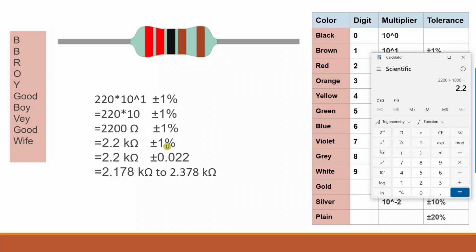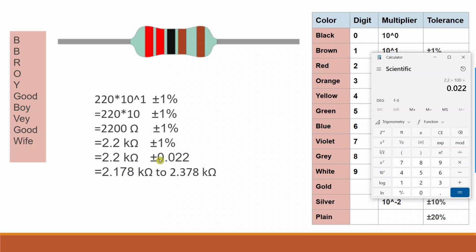Now we'll find the value of 1% tolerance. So 1% of 2.2, into 1 divided by 100, equal to 0.022. So we can subtract this value from this value, and also we can add 0.022 to this value.